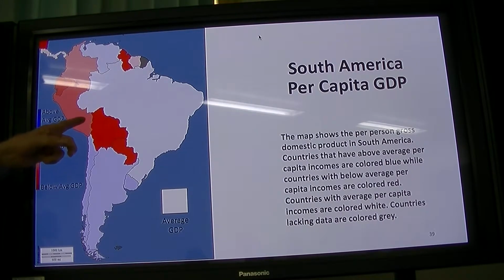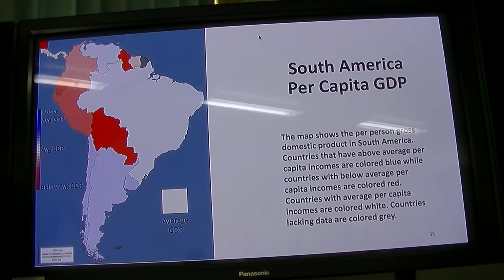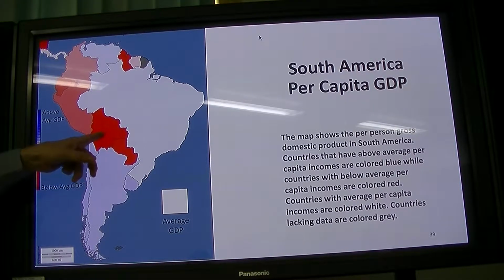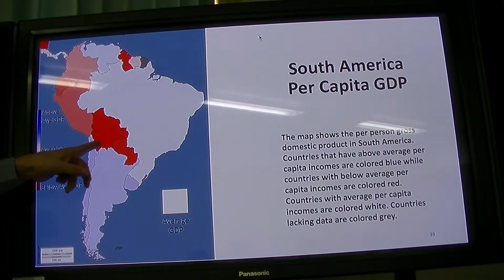So these are people that have lived in this part of the world for many years. It has a fair bit of resources, but it's still quite a poor country. It's a very high mountainous country with lots of natural resources.